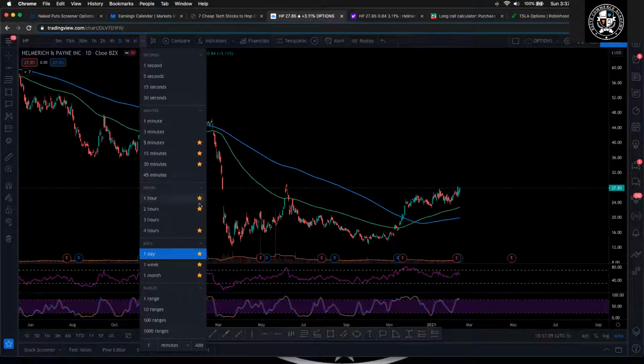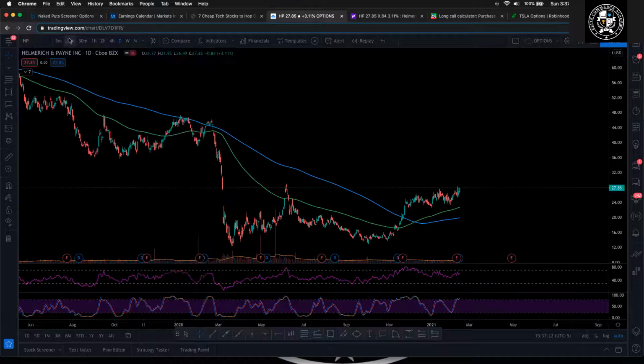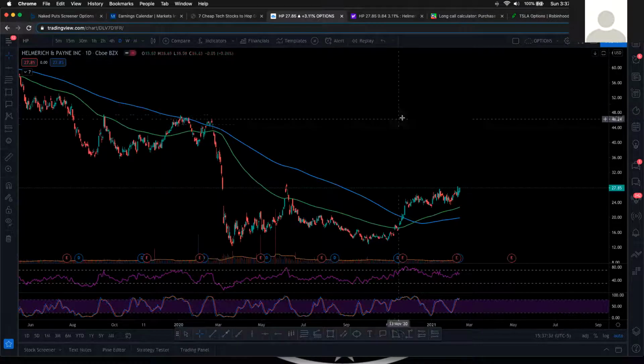So those are my favorites. Whatever you put a star by is going to pop up here automatically. Oh, okay. I don't have to keep scrolling down and selecting stuff. These are the ones that I go to more often than the others. So 5 minute, 15 minute, 30 minute, 1 hour, 2 hour, 4 hour, daily, weekly, monthly. Those are the ones I use the most. Okay. Thank you. No problem.